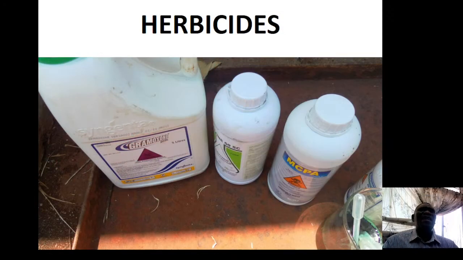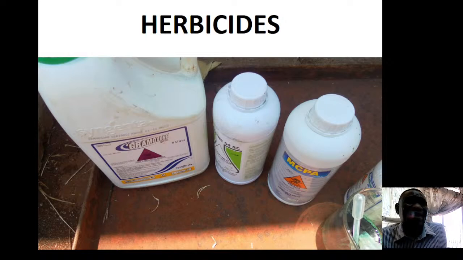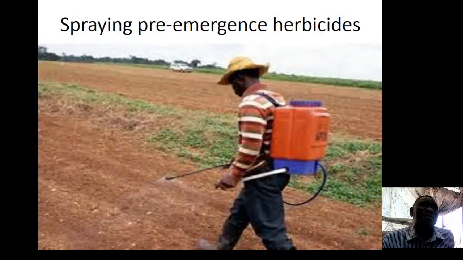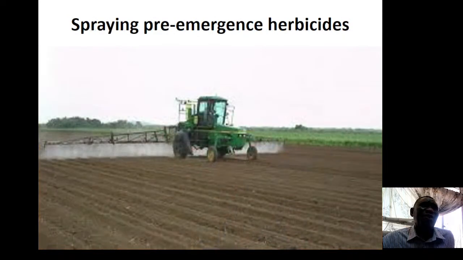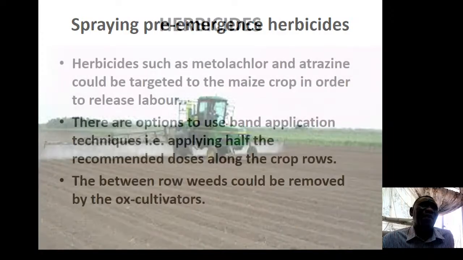Of course, there are a lot of herbicides which are available, which can be combined with mechanical methods. You can do pre-emergence sprays. You need a knapsack sprayer, or you may need a boom sprayer.